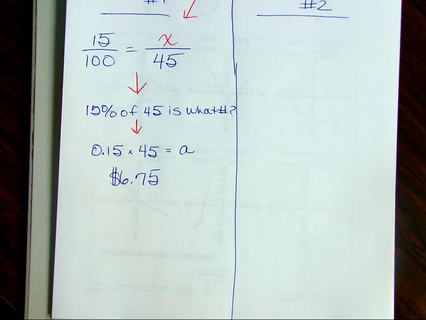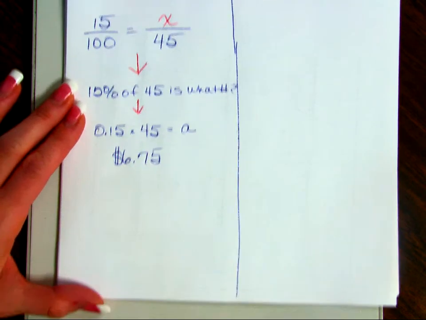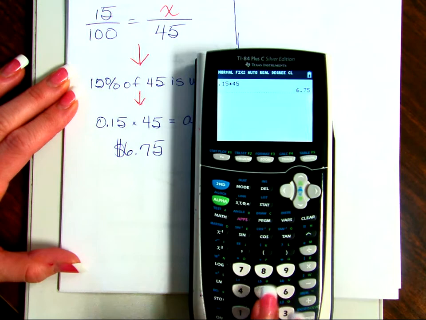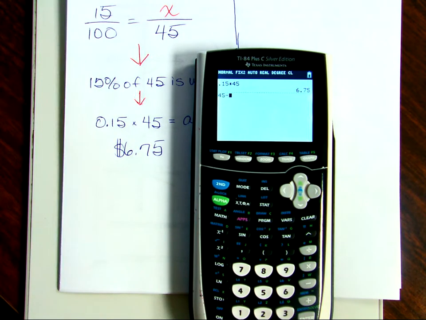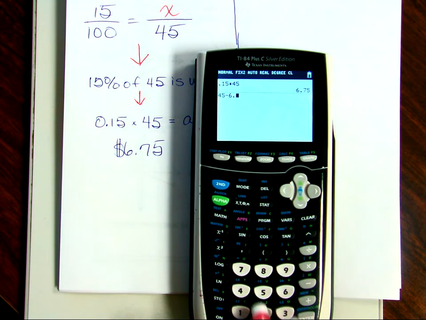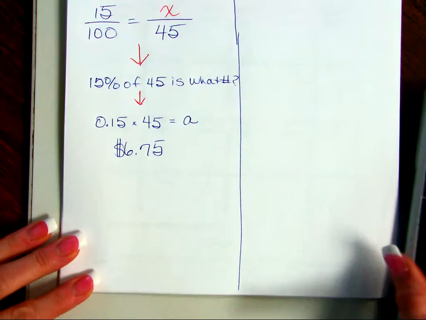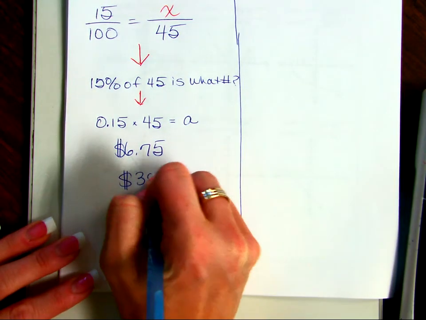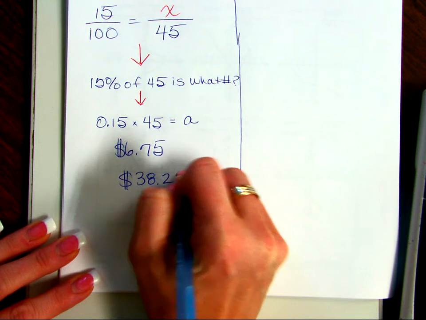So what do you need to do now to get your actual correct answer, James? Yes. You need to take that $45 that you made and subtract that $6.75. So how much did you keep? $38. Yes. And 25 cents. That is the correct answer.